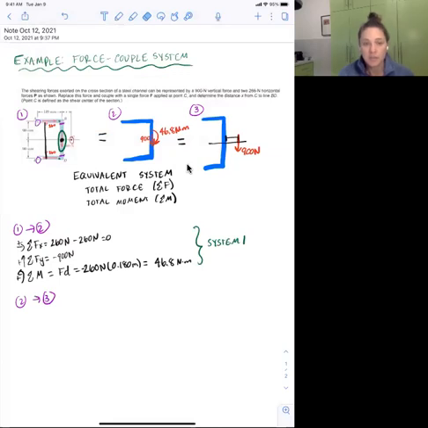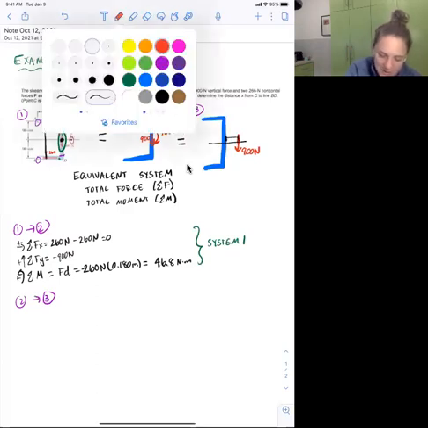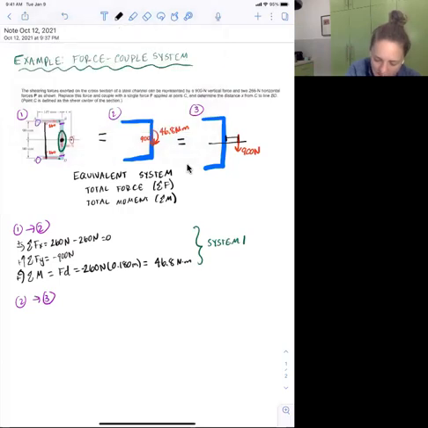And the interesting thing here is that a force acting a distance away from a body, from a point, is going to impart that rotation. What this distance needs to do is it needs to cause that amount of rotation equal to the 46.8 Newton meters.